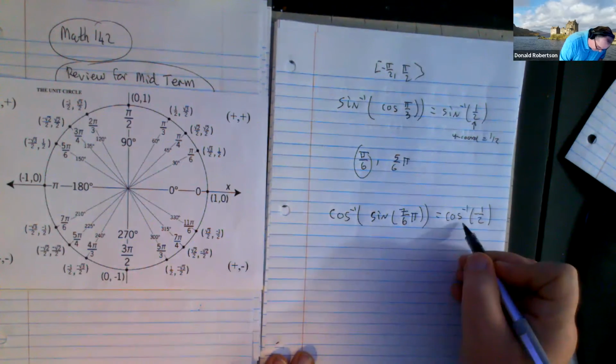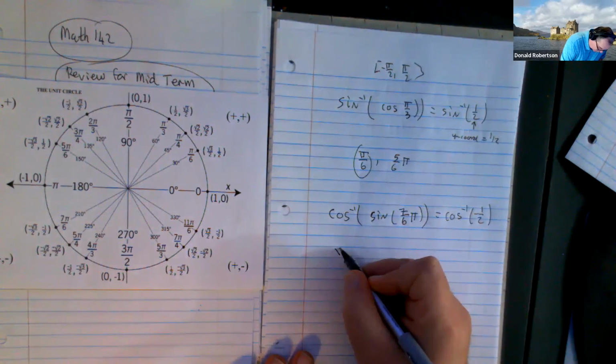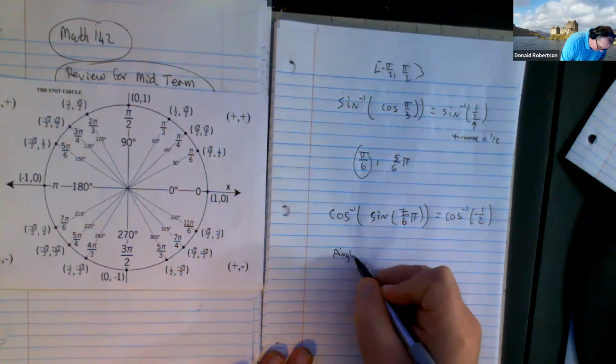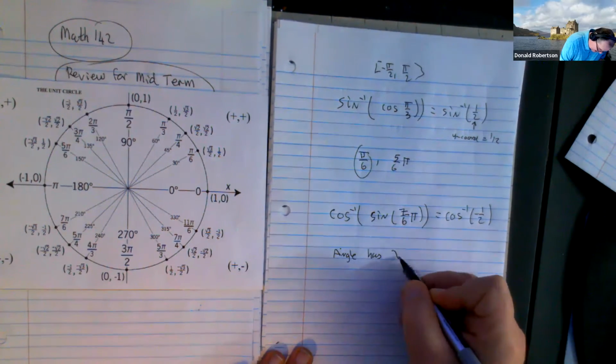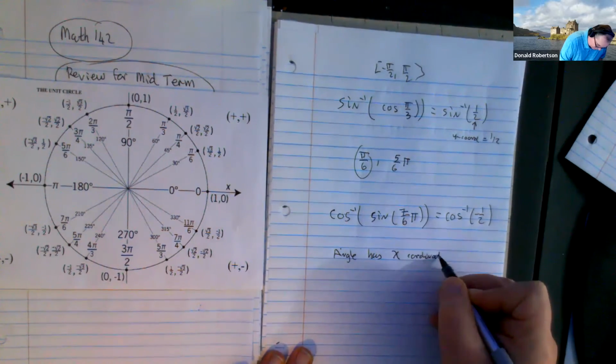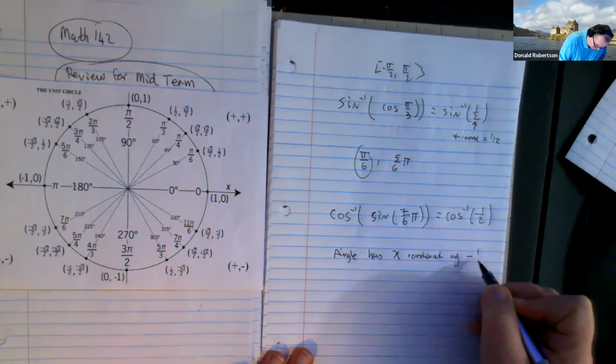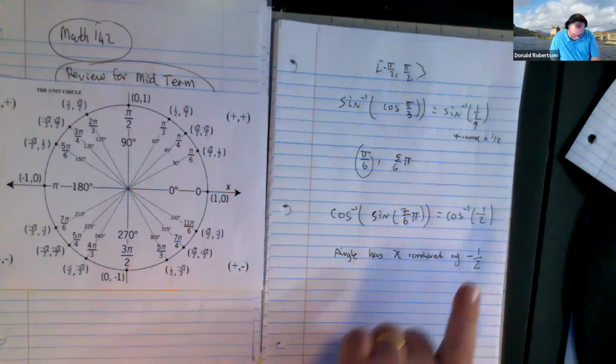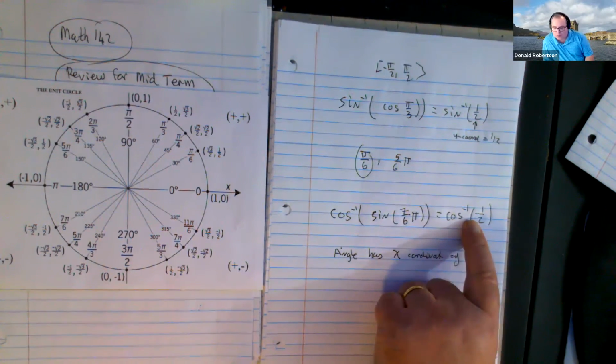Now, when you're doing an inverse cosine, you are looking for an angle that has an x coordinate of negative a half. That's kind of how you think about what this is.